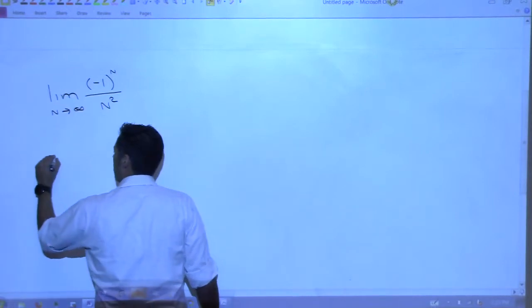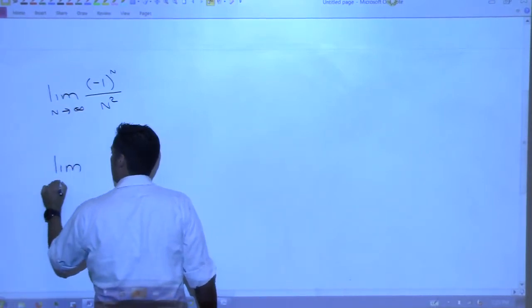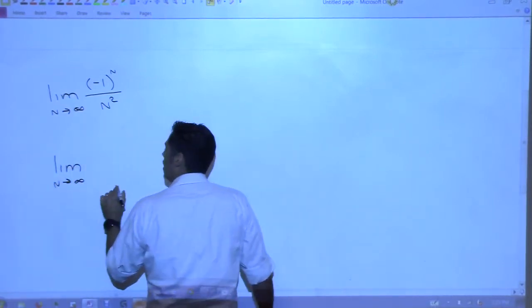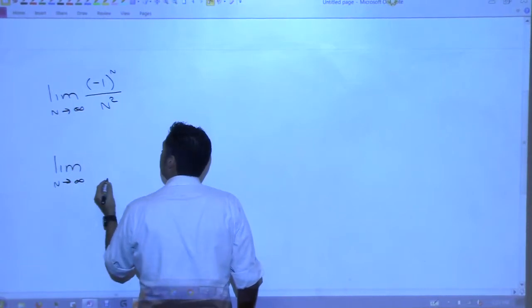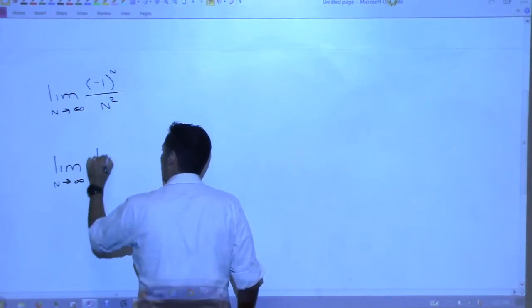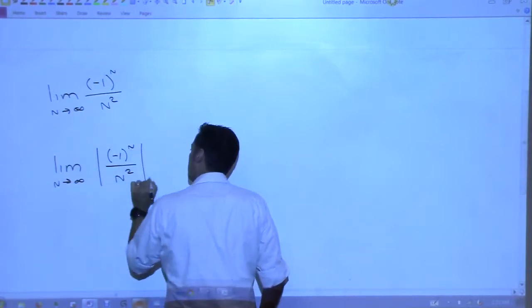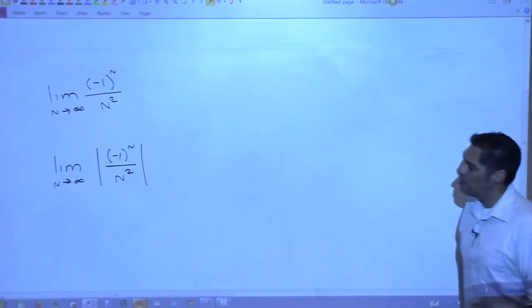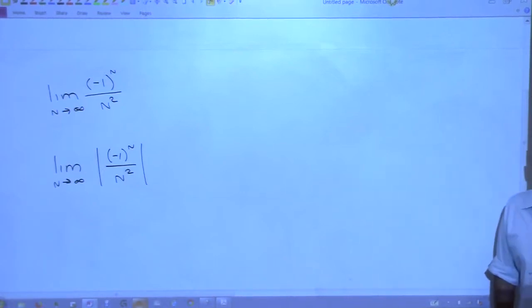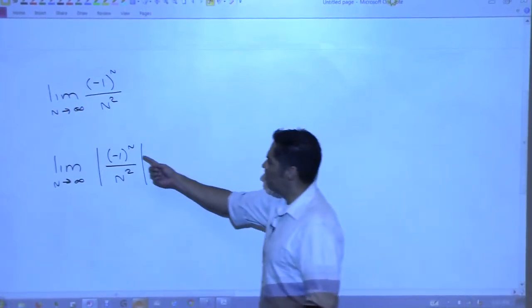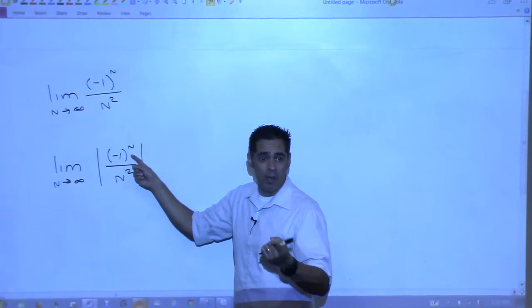So let's take a look at the limit as n goes to infinity of the absolute value of this sequence. When I take the absolute value, does that -1 to the n matter anymore? Whatever this turns out to be, it's either going to be 1 or -1, right?